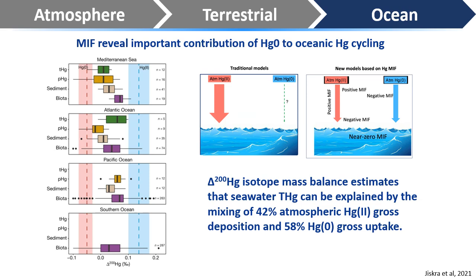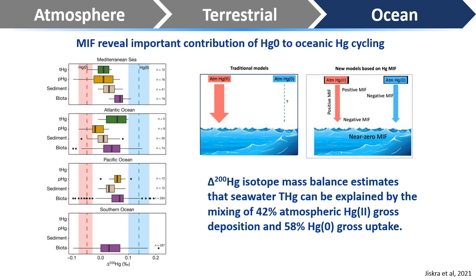So this means that atmospheric elemental mercury is actually a major contributor to the ocean. This is a significant advance relative to the traditional model. And the traditional model showed that the main deposition of mercury is atmospheric mercury 2+.